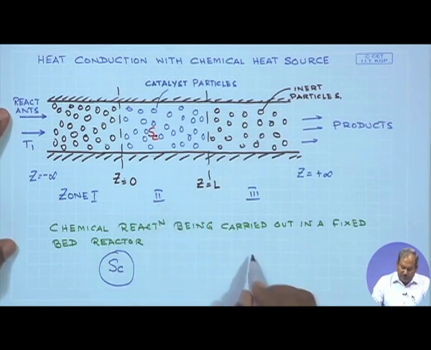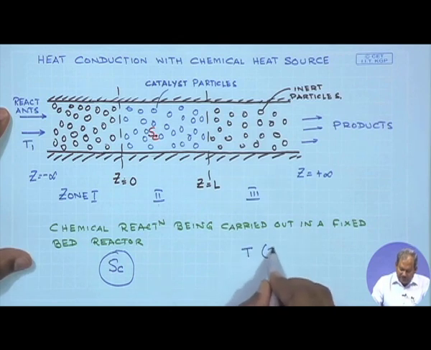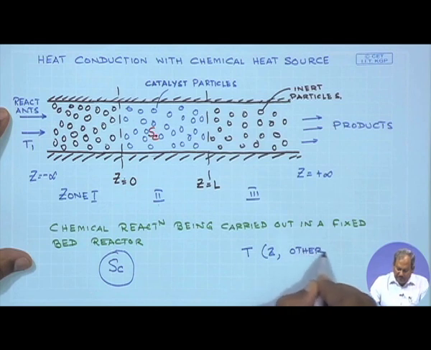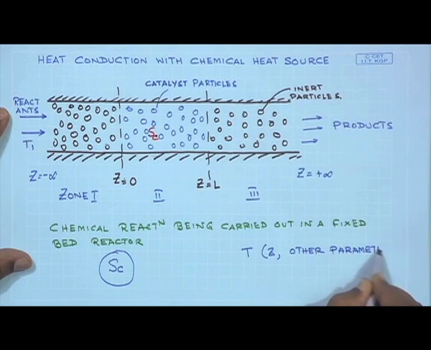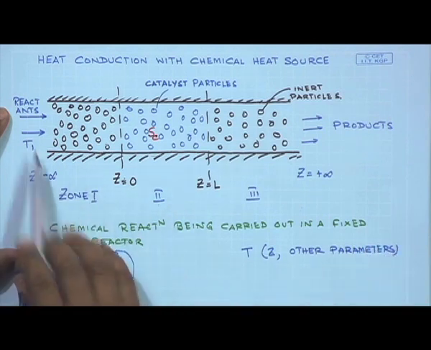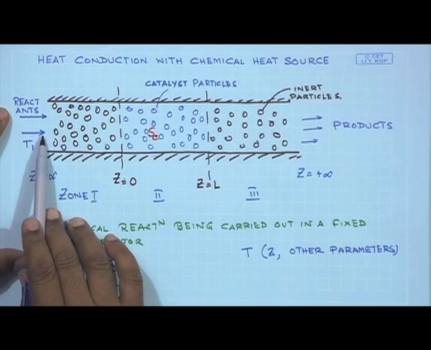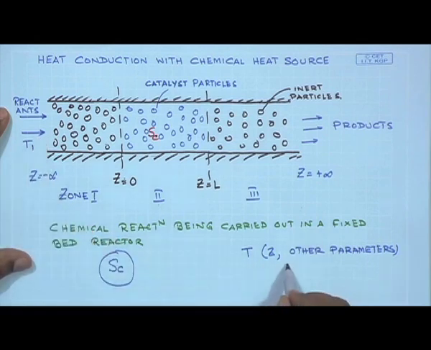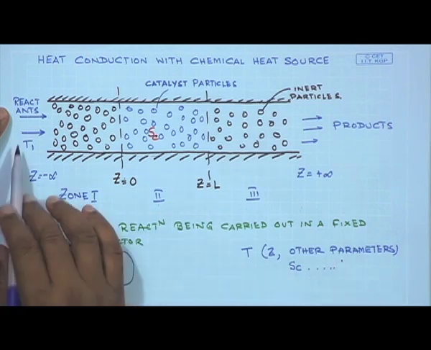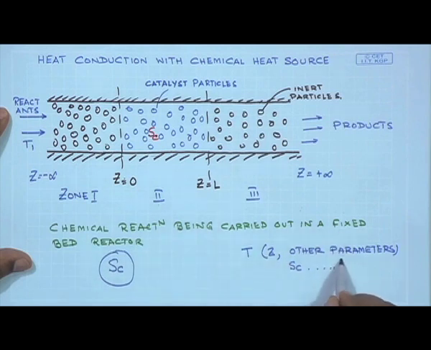And our job is to find out T as a function of z and other parameters, and of course, the other parameters would consist of the temperature at which the reactants are coming in, the amount of heat generation if it is an exothermic reaction due to the reaction, and a few other conditions such as the flow rate of the reactants that is coming in and other factors.